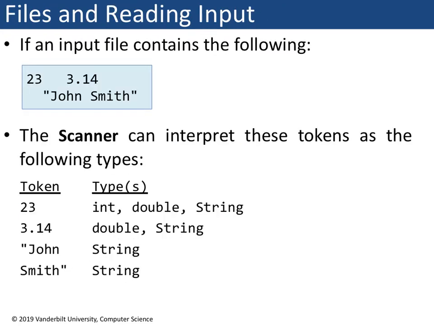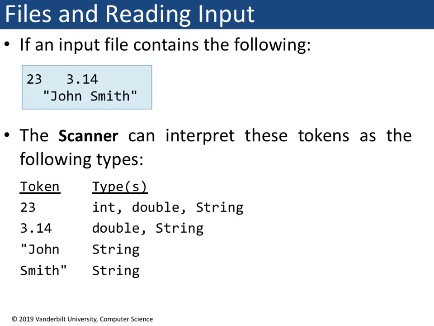So if an input file contained the following information, 23, tab, new line, tab, 3.14, tab, "John Smith", the scanner is going to be able to interpret these tokens in a number of ways. Now, first of all, 23 is an integer, but 23 could also be interpreted as a string.